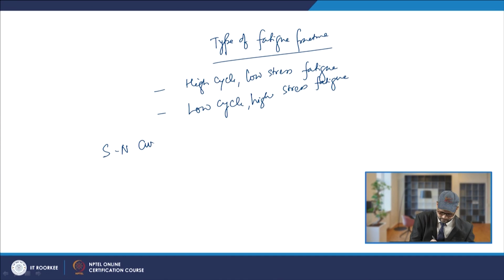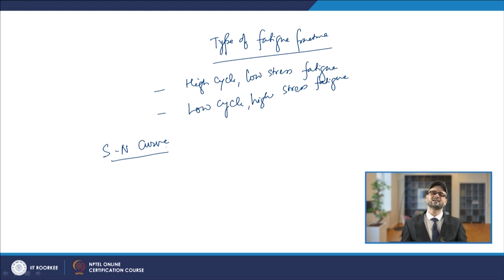Now, to determine the fatigue strength of a particular component, for a particular material there is a curve which talks about the fatigue life of the component, and that curve is known as the SN curve. This is again an XY plot, and on the x axis you have the number of cycles, and on the y axis you have the stress to which it is subjected.